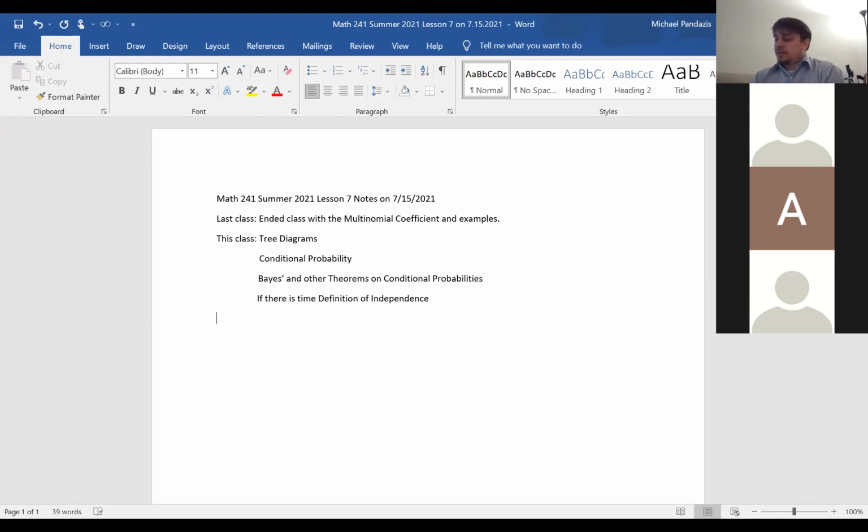So let's get started with tree diagrams. Tree diagrams is section 2.5. Let's start with example 2.14. Alice and Mary are engaged in a chess tournament.